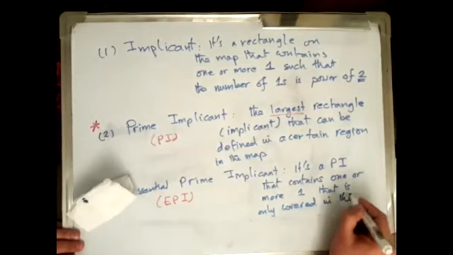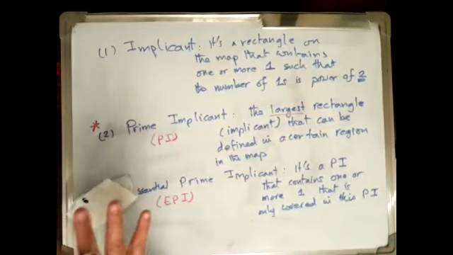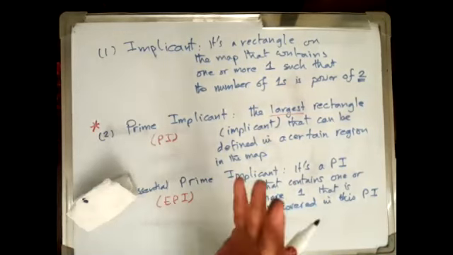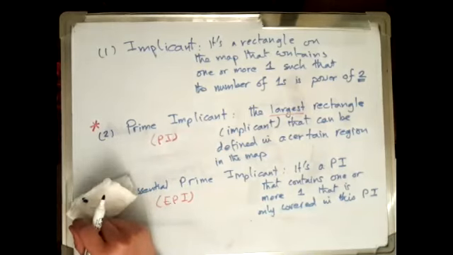So sometimes when you try to draw rectangles to include all the ones of the function, and you try to make them the biggest, you may find that some of these prime implicants, or biggest rectangles, contain ones that are only contained in this prime implicant.